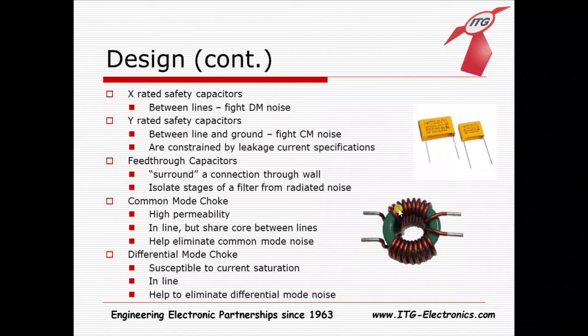So these would go in line or in series with the power of the system. Whereas the common mode choke also in line, but the core kind of traverses between lines because you'll have multiple lines, all of the lines on the same core. So it's kind of an interesting design, interesting component.